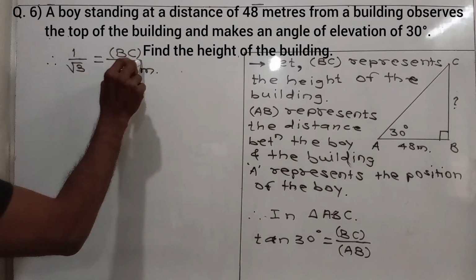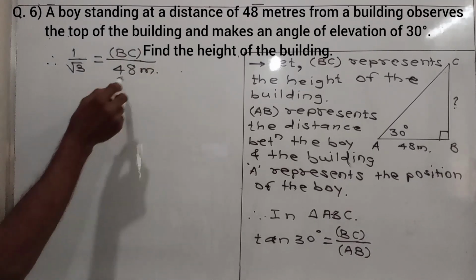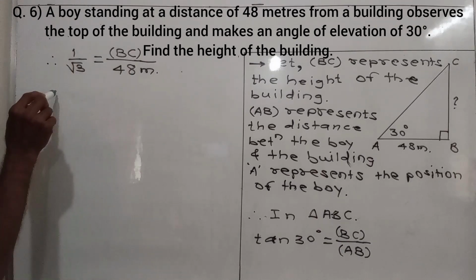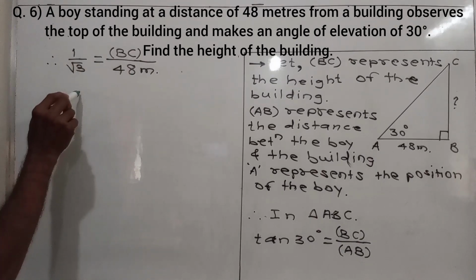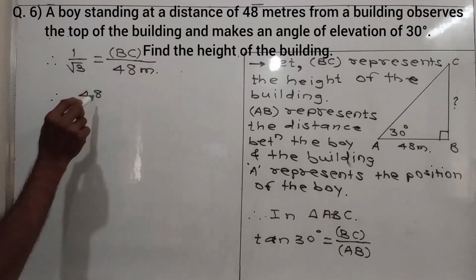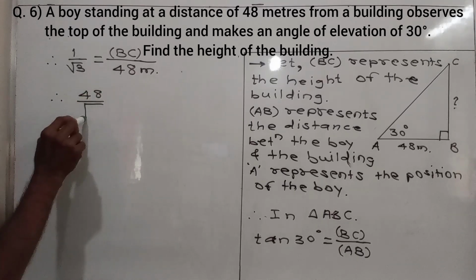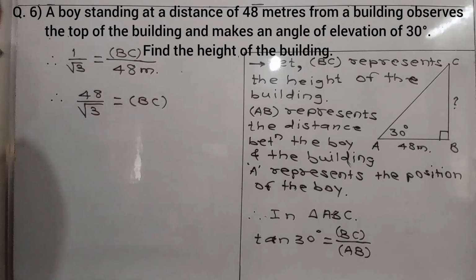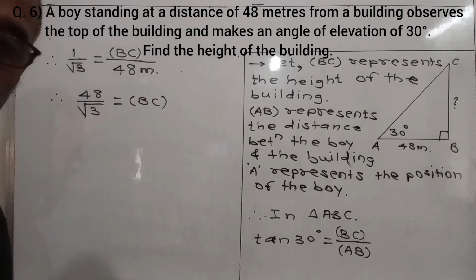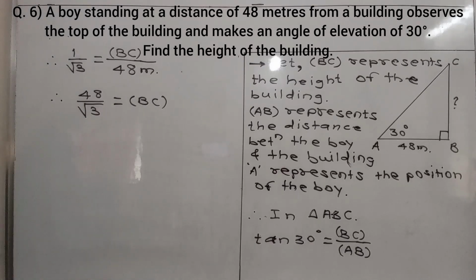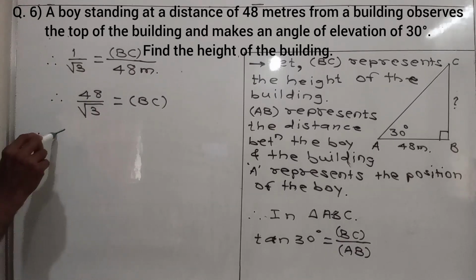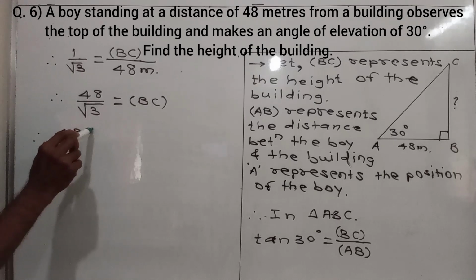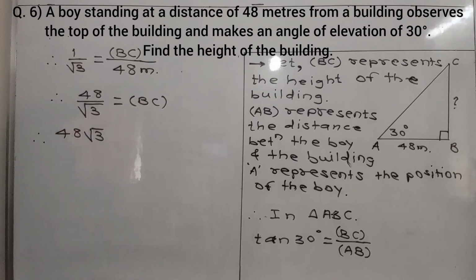The value of AB is 48 meters. Now we take this 48 to the left side, so 48 upon square root of 3 is equal to BC. Now we rationalize the denominator by multiplying with the rationalizing factor, square root of 3.